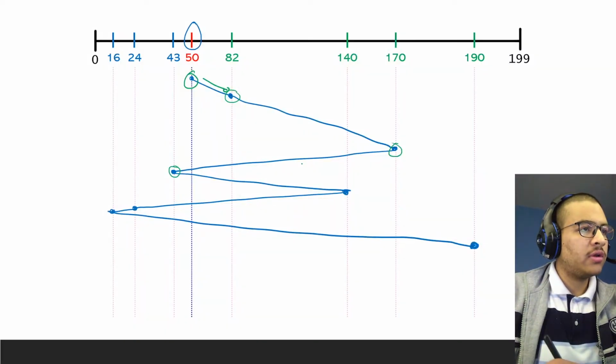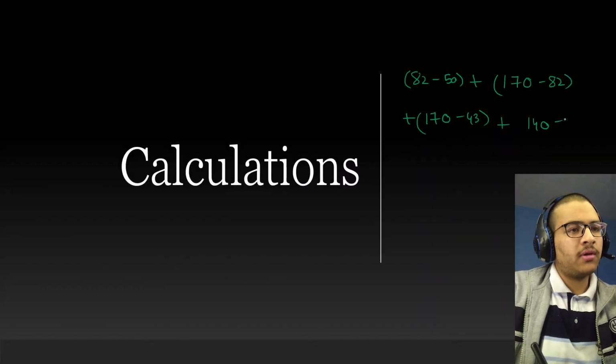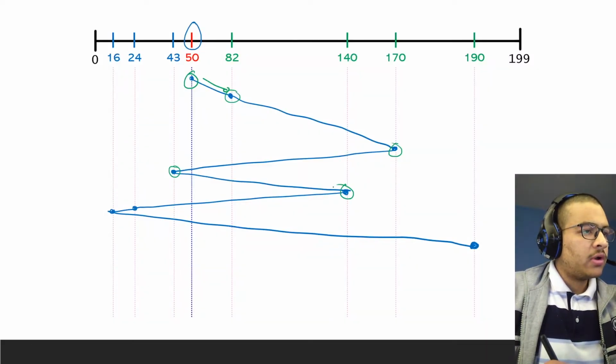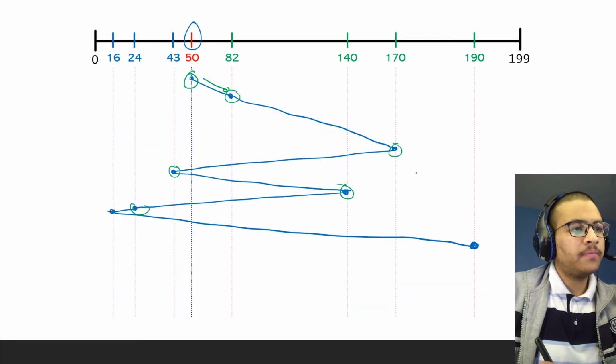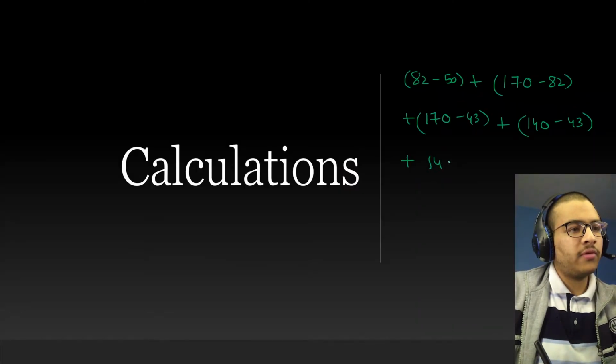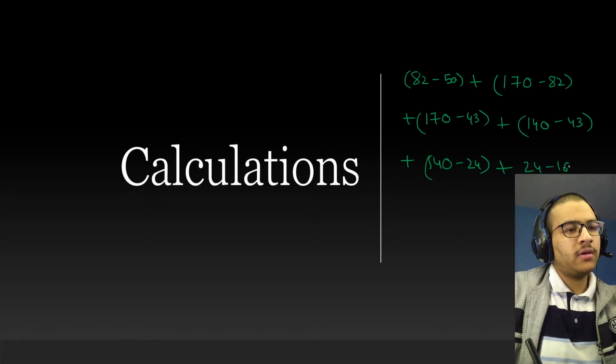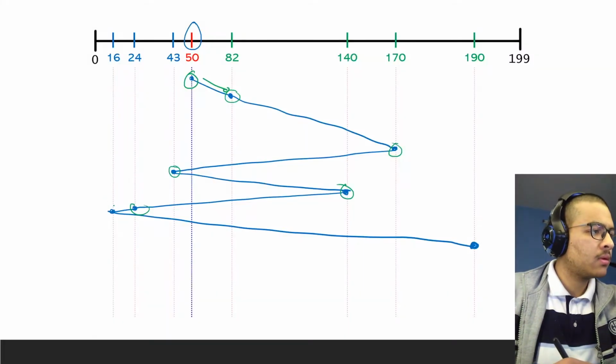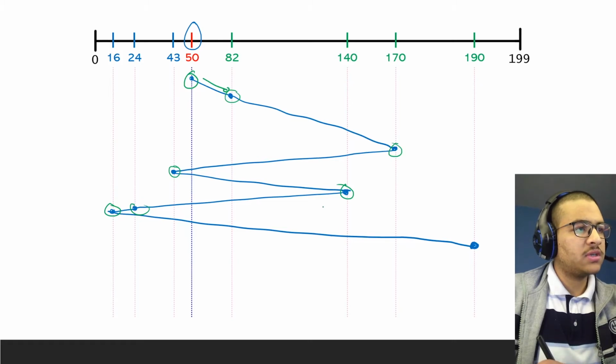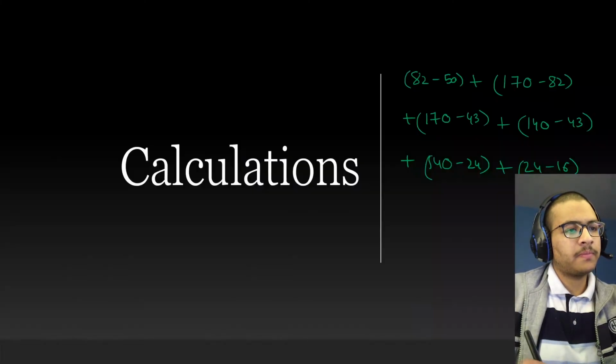Then from 43 to 140, so 140 minus 43. Then from 140 to 24, so 140 minus 24. Then from 24 to 16, and then finally from 16 to 190. So this will give us the answer 642.